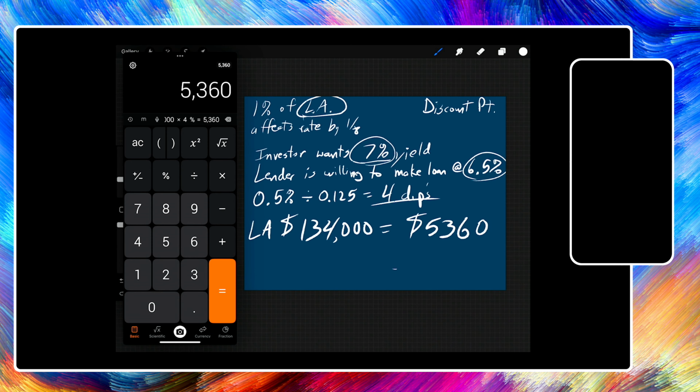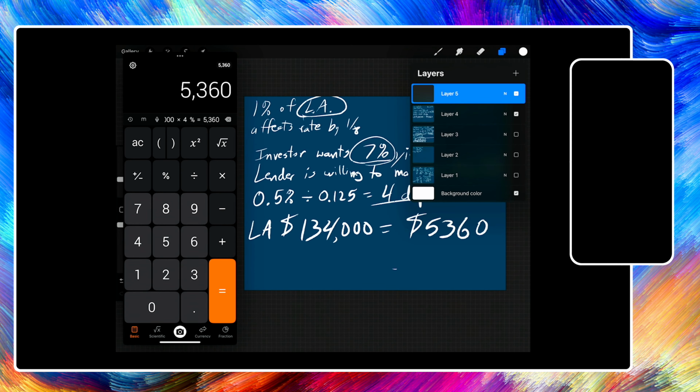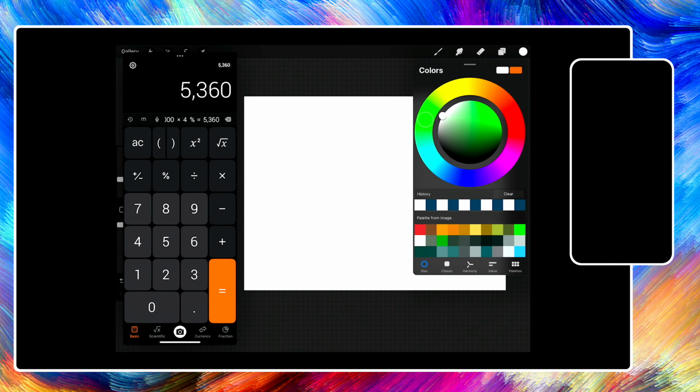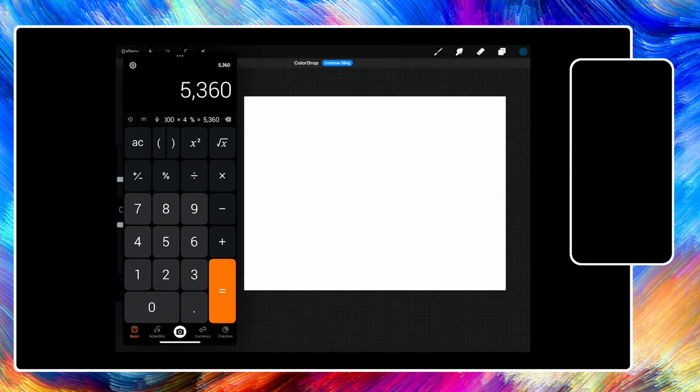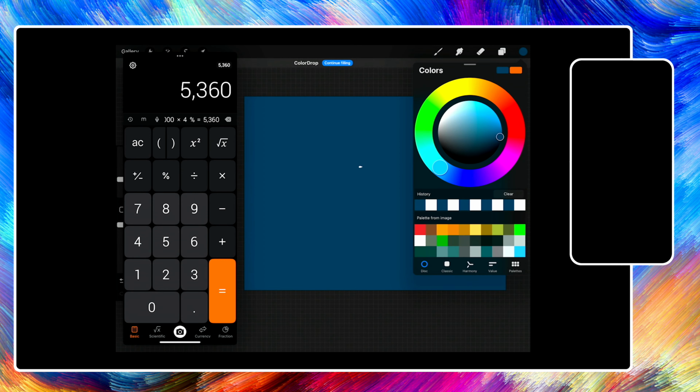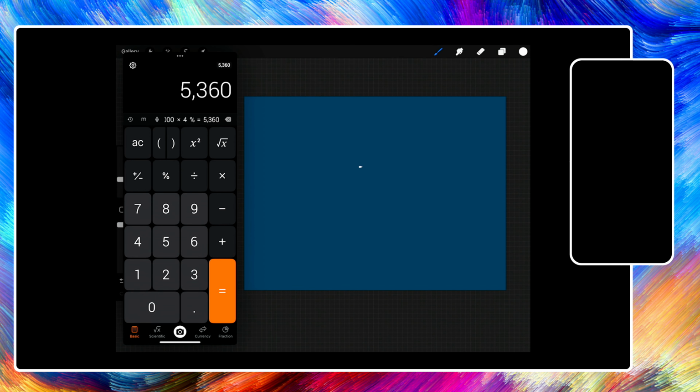And another thing they could do with discount points is combine it with origination fee, because it's such a common pair of lender-related fees. So they could say the discount points the borrower needs to pay are 3. They need to pay 3 points.